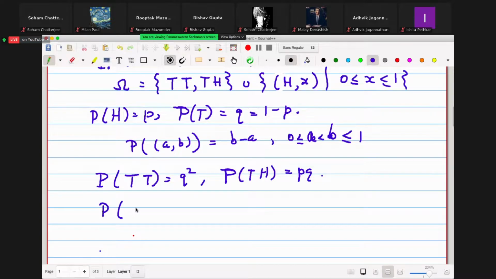And the probability of the set consisting of pairs HX, where A is less than X, less than or equal to B, and it's understood that A and B are between 0 and 1, is equal to P times (B minus A).